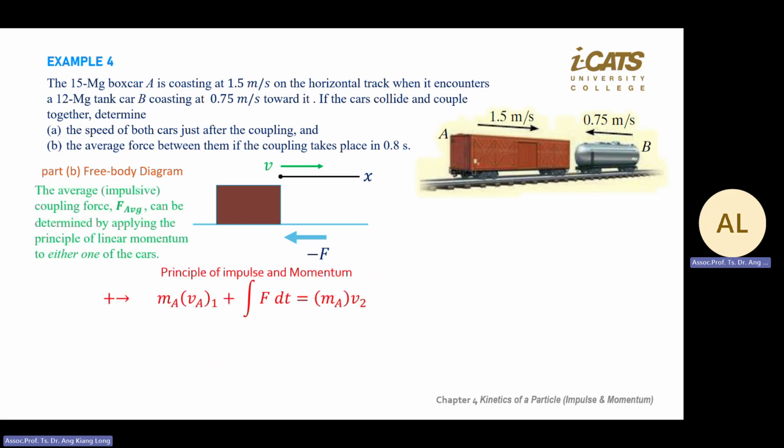We use the principle of impulse and momentum, and again, when you use the principle of impulse and momentum, you are referring to an individual body. So here we're looking at A: MA V1 plus the impulse FT equal to the momentum after, M V2.